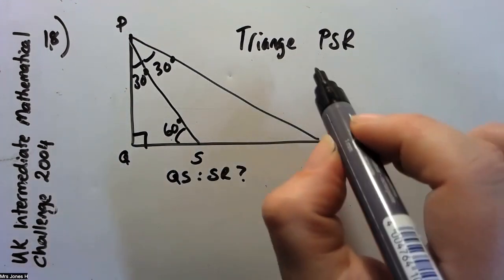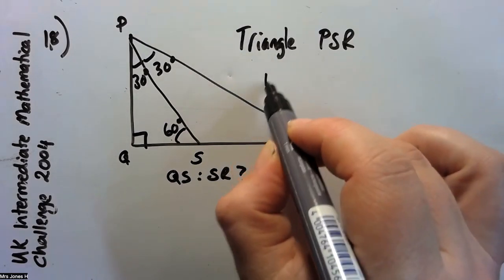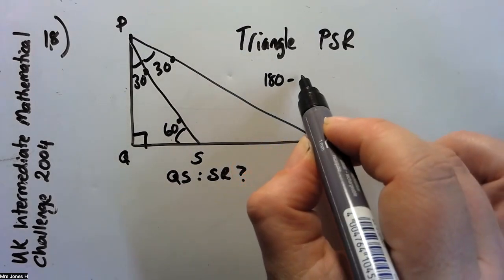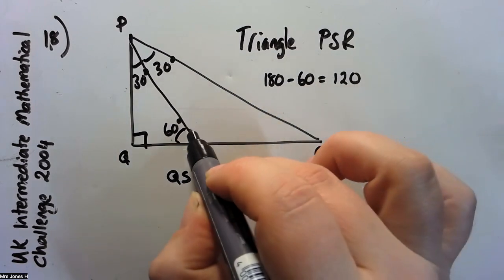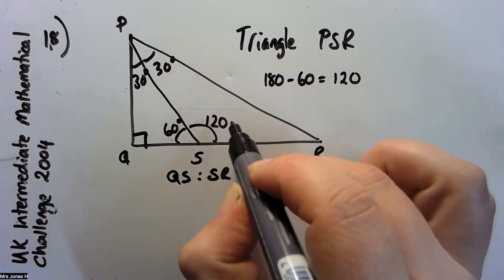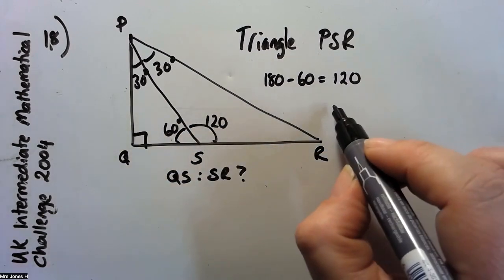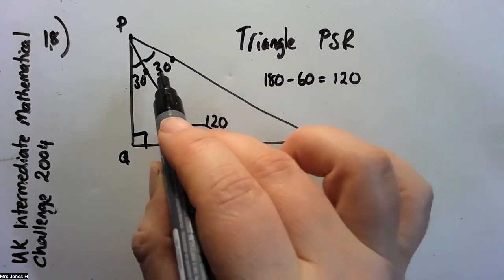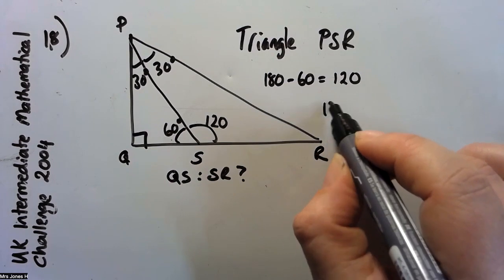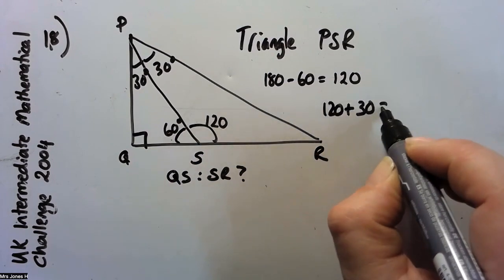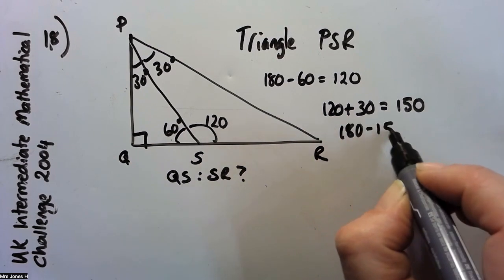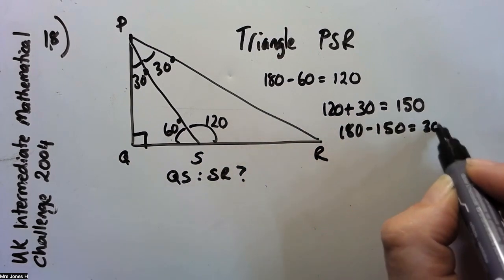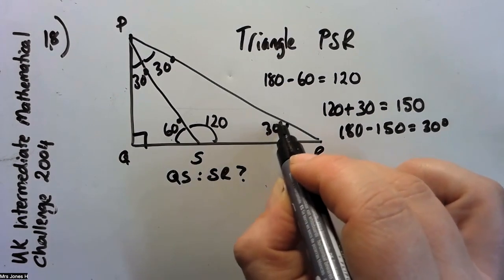If we take 180 degrees, subtract 60, this gives us 120. So therefore this is 120 degrees. 120 plus 30 is 150. And then 180 subtract 150 takes us back to that 30 degrees.